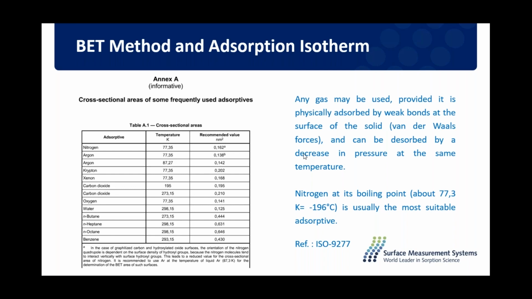This is well established and part of ISO guidelines that it is not necessary to only use gas sorbates like krypton or nitrogen or argon at cryogenic temperatures. You can do these experiments at or near room temperature using different vapor molecules as opposed to gas molecules at cryogenic temperatures.